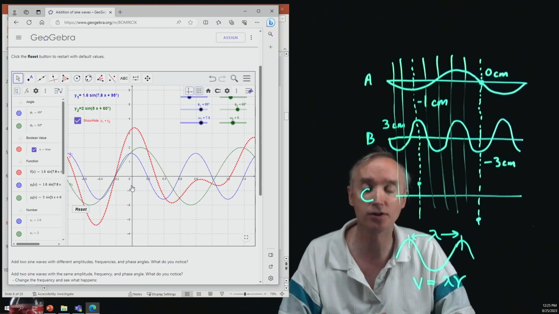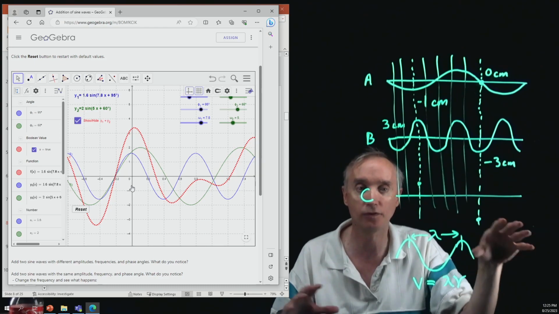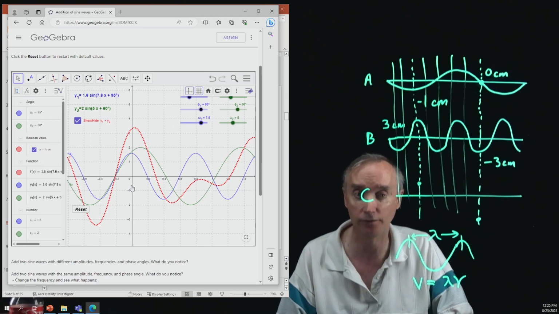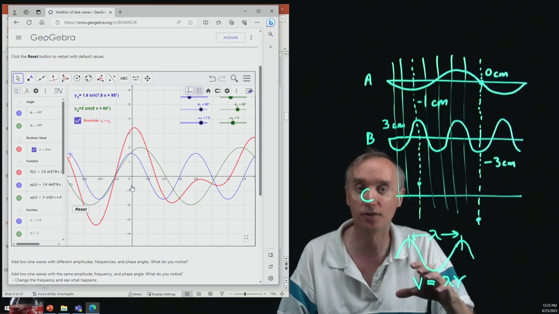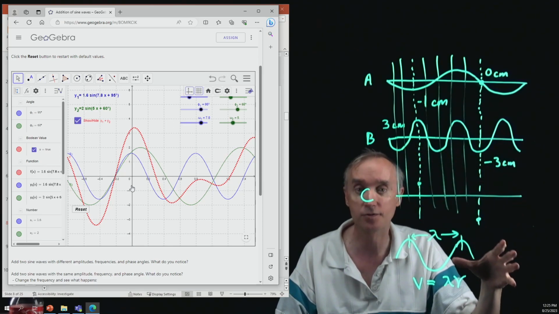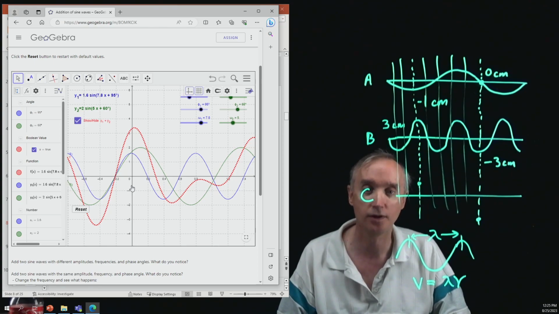Especially if you have storms, you can have waves in the ocean coming from multiple directions, and each wave has its own wavelength and frequency. That's the reason why ocean waves look really weird: they're a combination of many, many different waves.